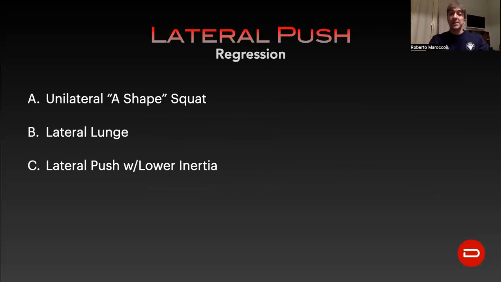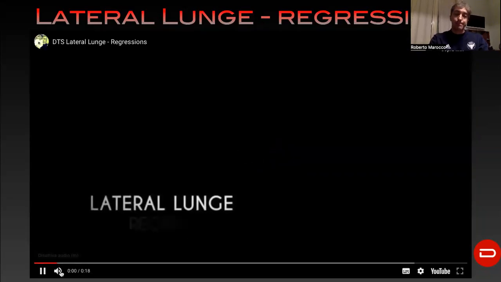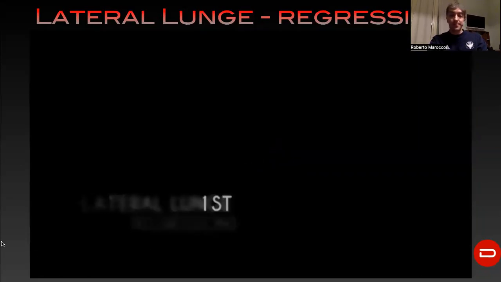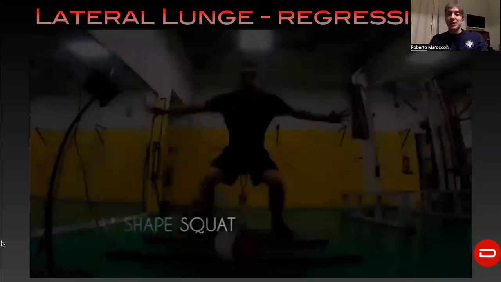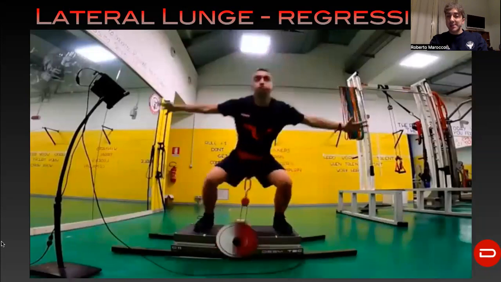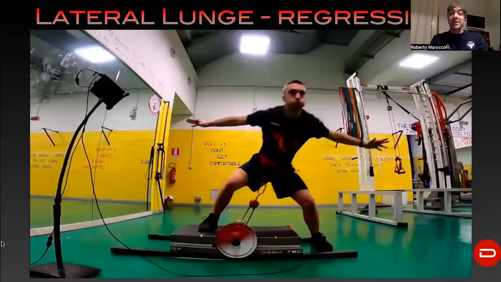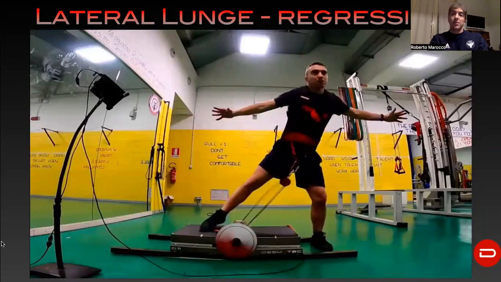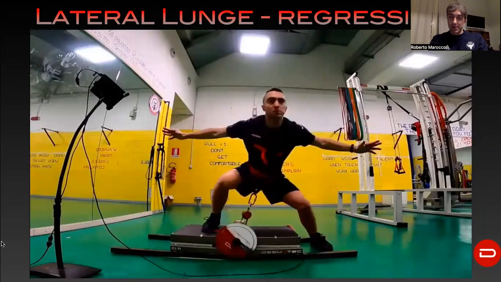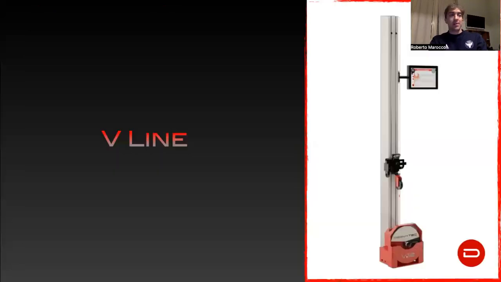Lateral lunge is easier, and then we do the exercise with the lower inertia to control the eccentric phase a little bit better. Here's what I mean. A-shaped squat, stationary exercise, pushing on one side. Stationary lunge, we got wide feet, and we gotta absorb the weight laterally.